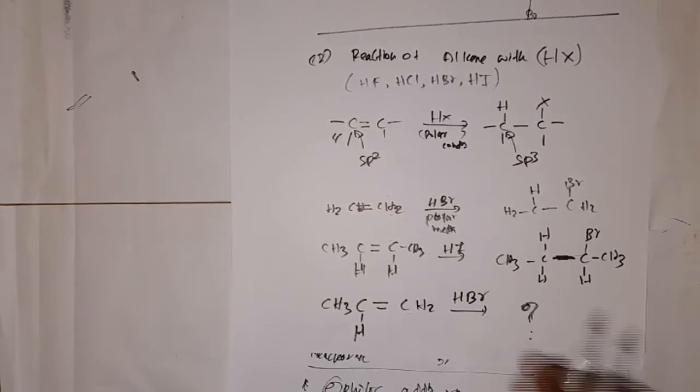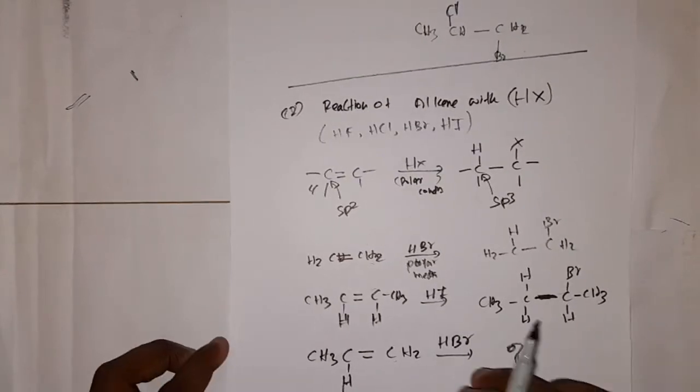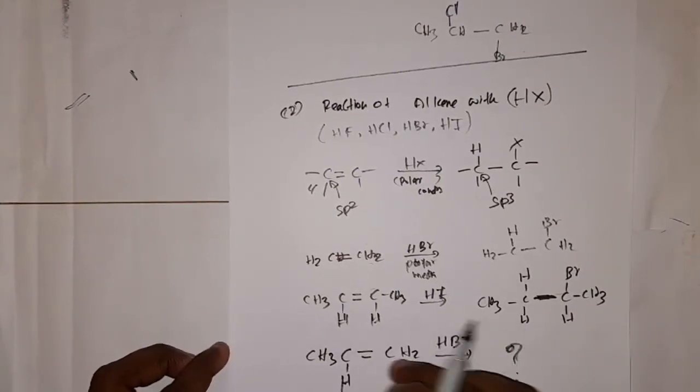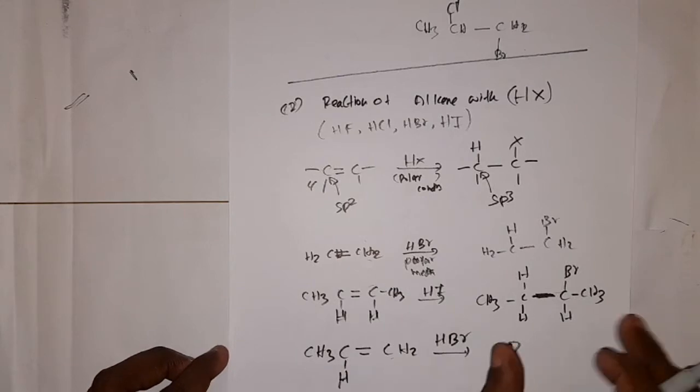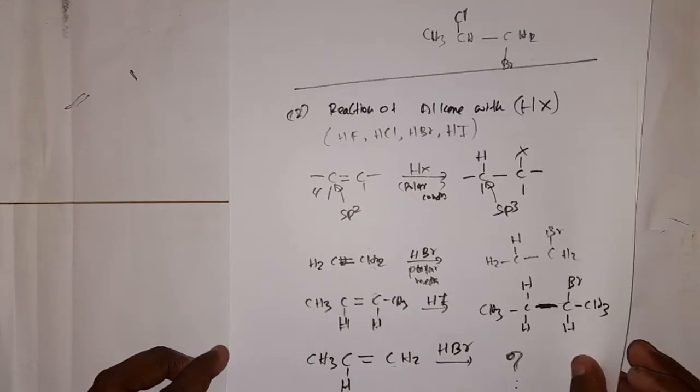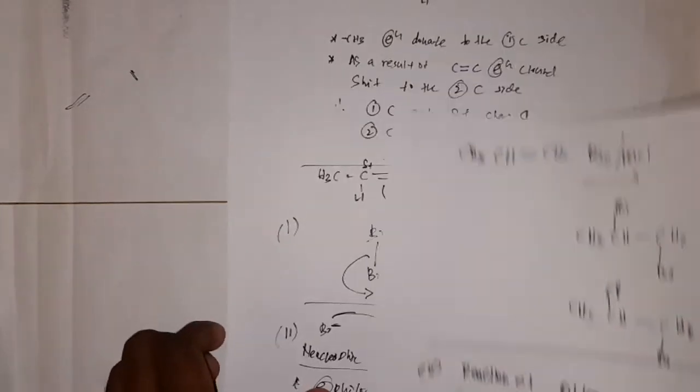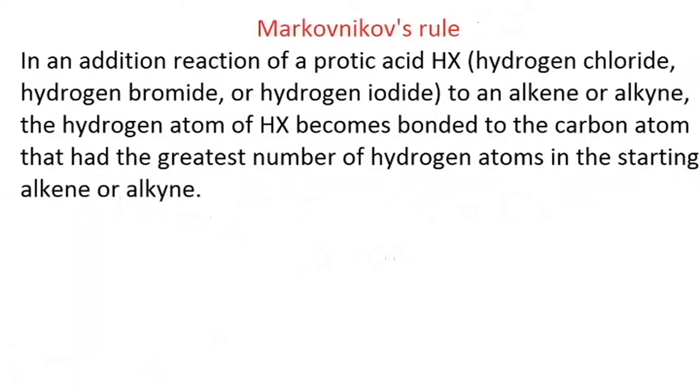So there's a law you have to follow for the addition of HBr into a carbon-carbon double bond or this alkene type of compound. Okay, that law, now in this slide, you can see that law. That law we call Markovnikov's law.